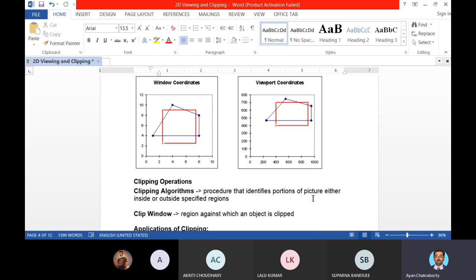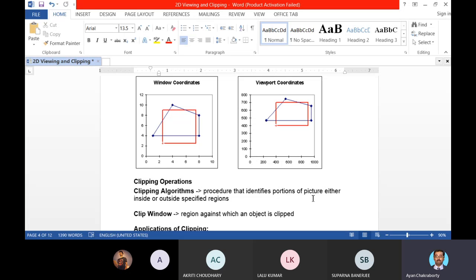One is the window coordinate or world coordinate, and the other is the viewport coordinate. The red colored frame in both images is the system coordinate, the window coordinate or viewport coordinate, and the blue colored shape is the object which is going to be rendered in it.